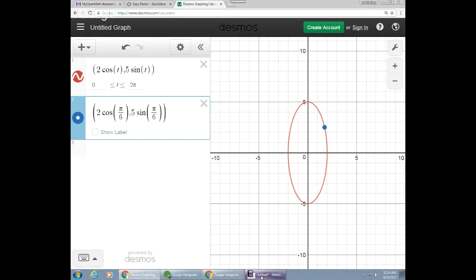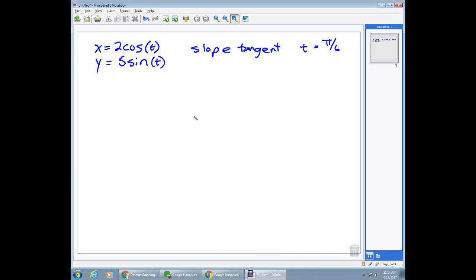What else do we need? I guess that's it. We need derivatives. So dx/dt, often abbreviated x with a dot on the top, is going to be opposite of 2 sine of t. And dy/dt, often abbreviated y with a dot, is 5 cosine.